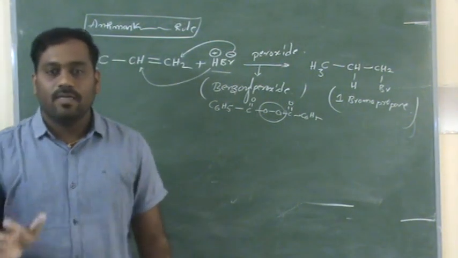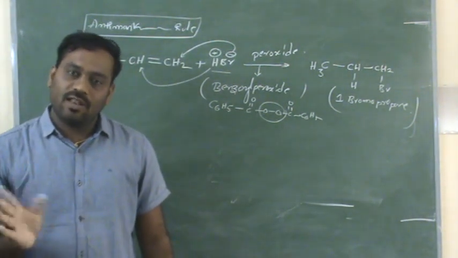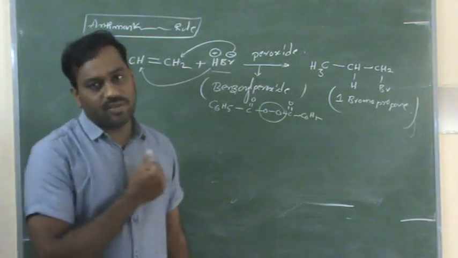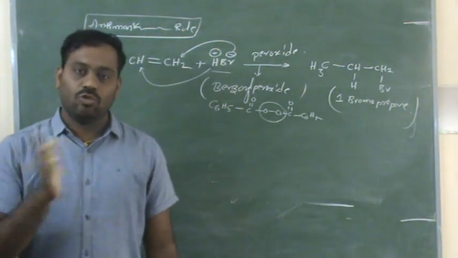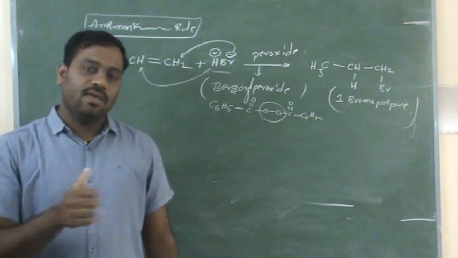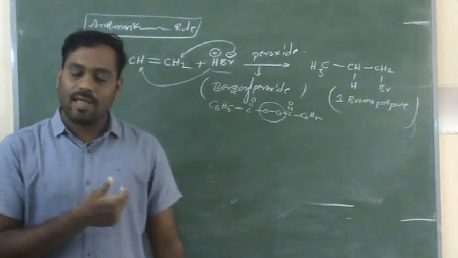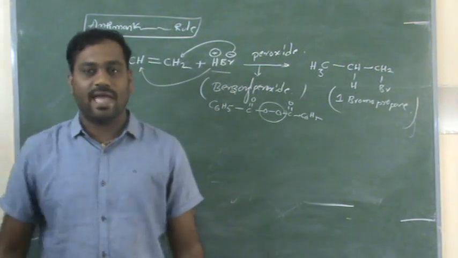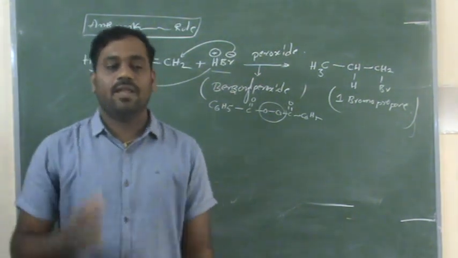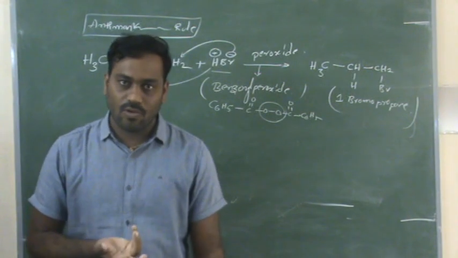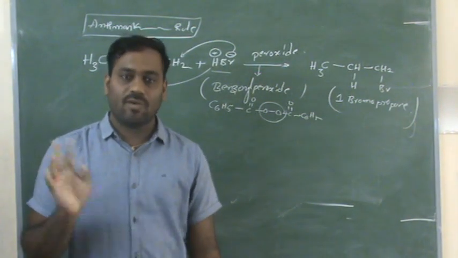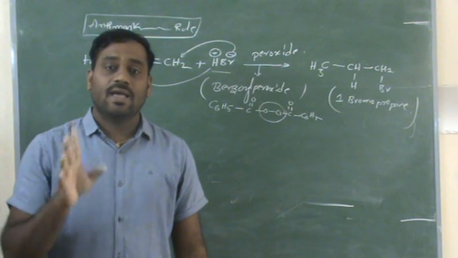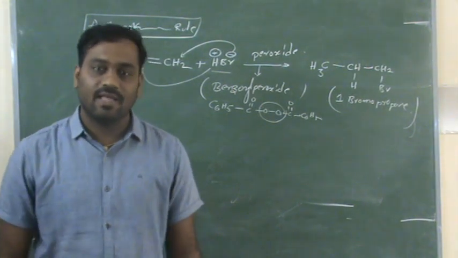Keep in mind, in first PUC we have already completed the mechanism of this. So go through it again. In anti-Markovnikov rule, if you go through the mechanism, you get a free radical as an intermediate. But in Markovnikov rule, you get a carbocation as an intermediate.